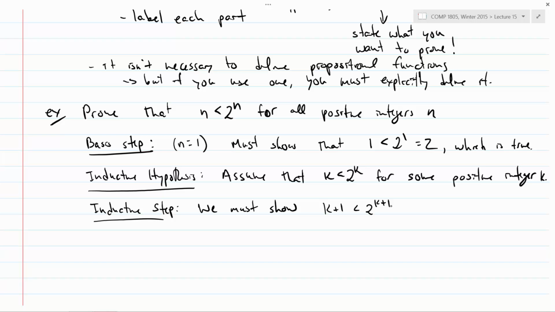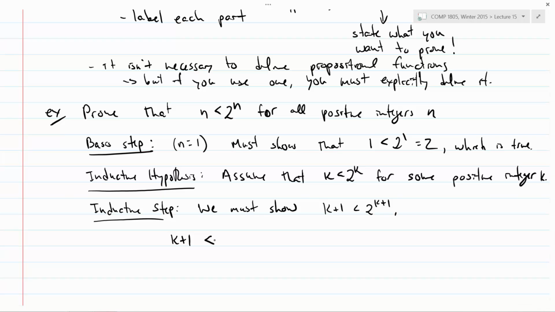All right, so I want to show that this inequality is true, and I know that k is less than 2 to the k. So to prove that an inequality is true, you start at one side of it. So in our case, I'll take the left side, and you work your way to the other side, so to the right side. So what's one thing that's definitely bigger than k plus 1?